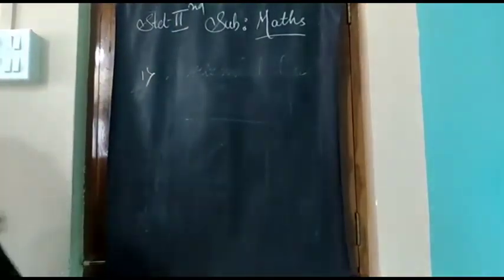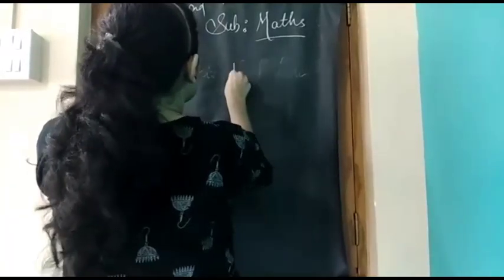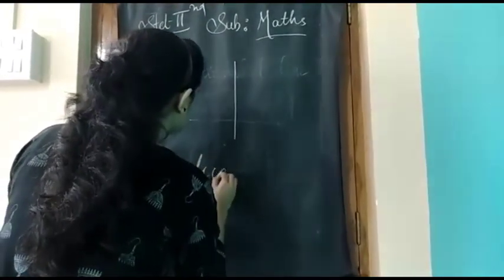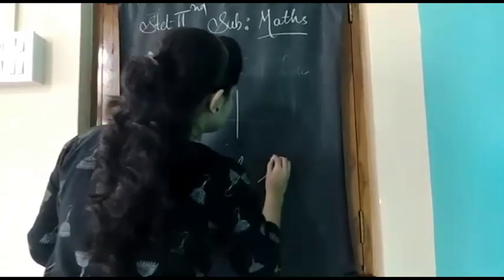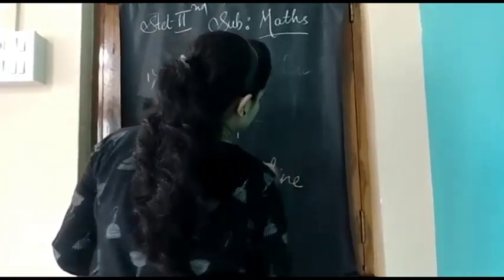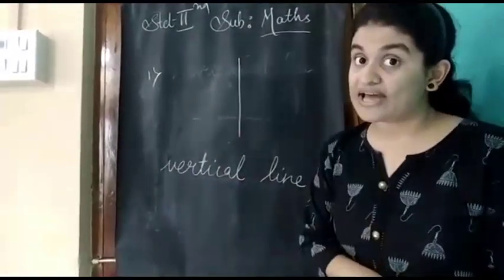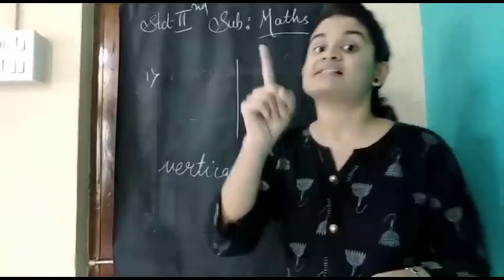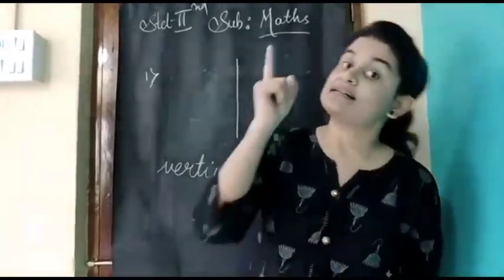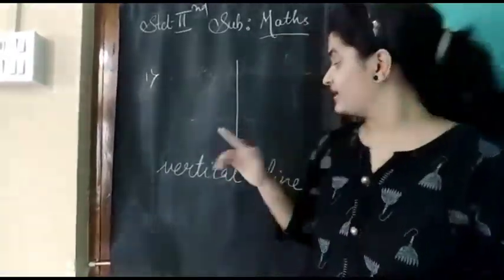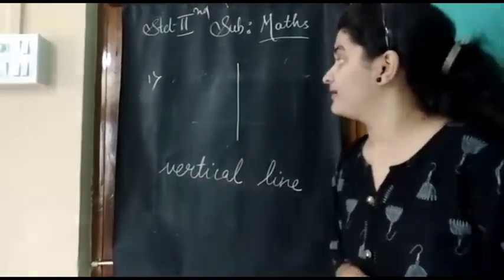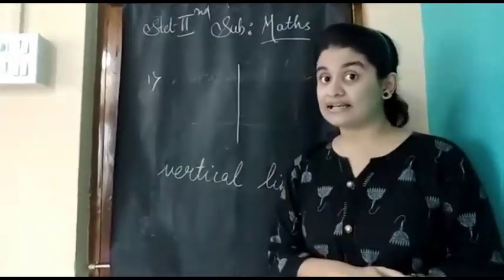So, the next slide that we are going to study is vertical line. This line is known as vertical line. Also, this line is known as standing line. What? Standing line. VERTICAL. This is vertical line.